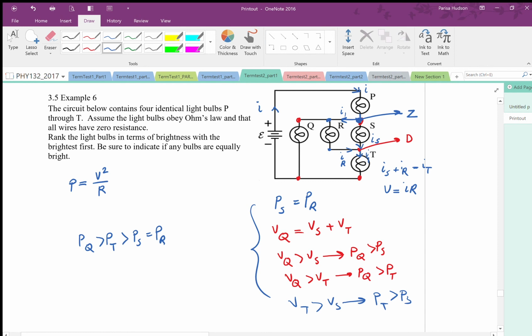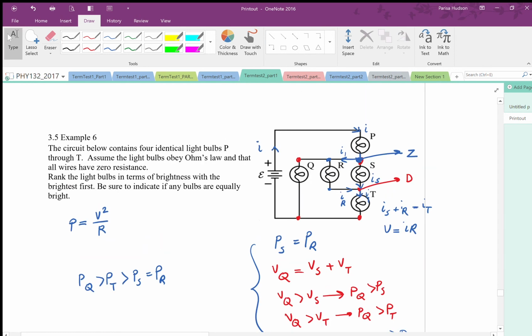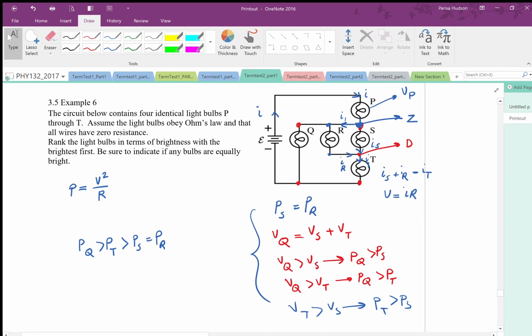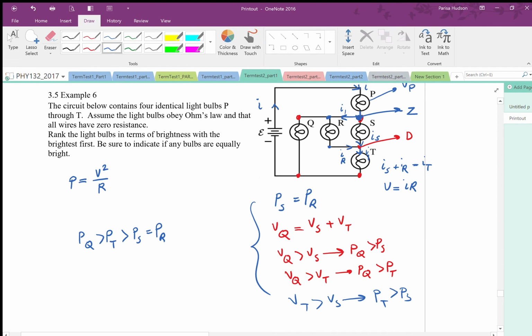As you remember from Ohm's law, the bigger the current, the bigger the voltage with the same resistance. So I can say the current through light bulb P is bigger than the others, therefore the voltage across it is bigger than the others. Having the higher voltage means that we're having the higher power dissipated, at a constant resistance.